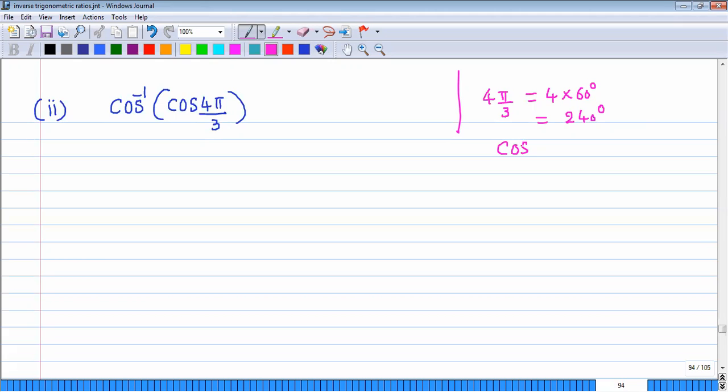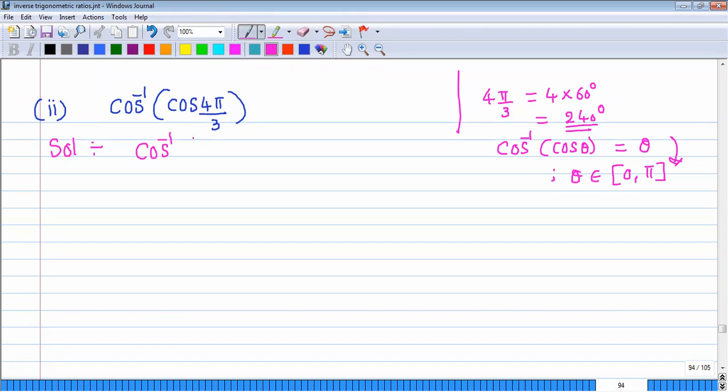But we have one formula: cos inverse of cos theta equals theta, where theta must belong to closed 0 comma pi. But 240 degrees does not belong to this interval. That's why we need to change 4 pi by 3.